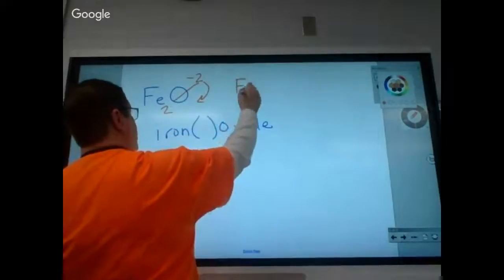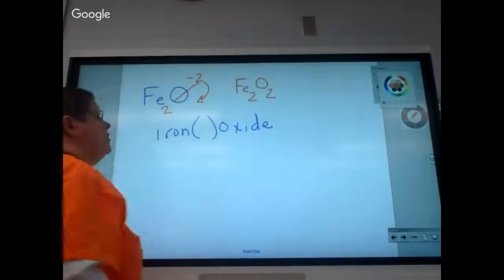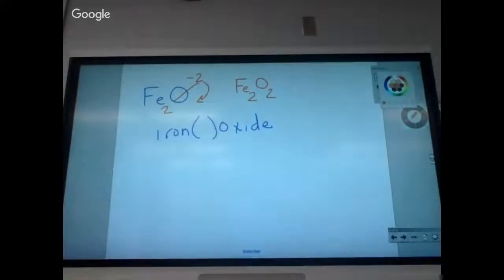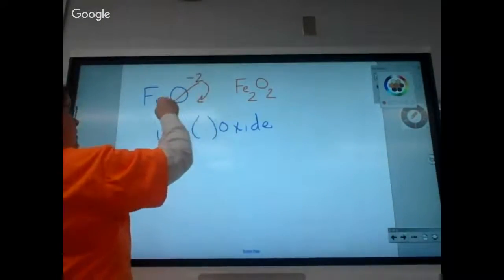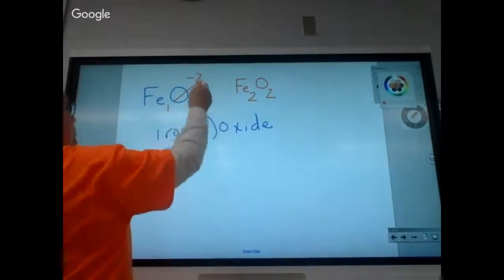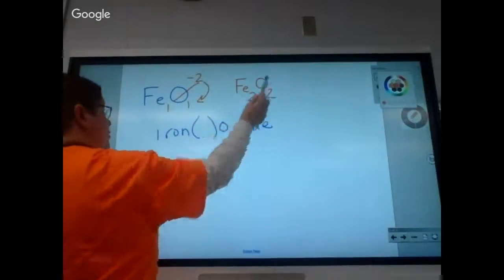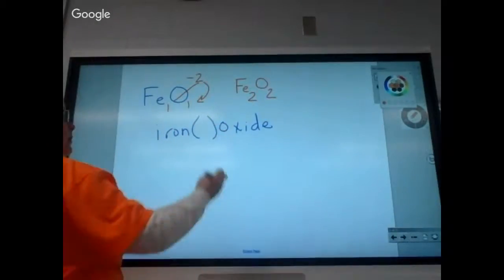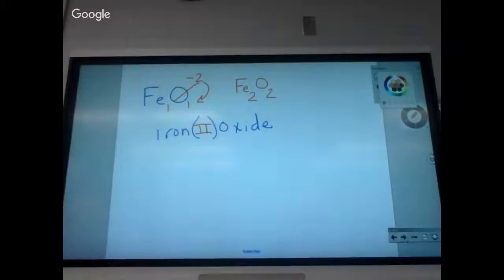So Fe used to be a 2 and O had a 2. So what number came from the Fe? Remember, I multiplied this by the original subscripts. So this was a 1 and a 1. So 2 times 1 is 2. 2 times 1 is 2. So what number came from Fe? That's how I got my oxidation number.